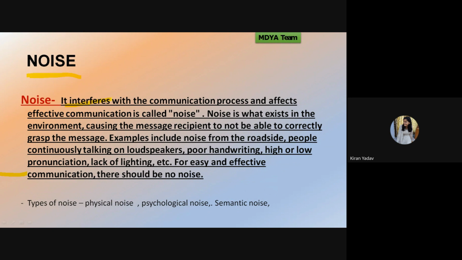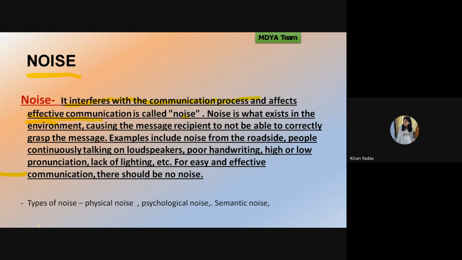Noise. Noise interferes with the communication process and affects effective communication. Noise is what exists in the environment, causing the message recipient to not be able to correctly grasp the meaning.